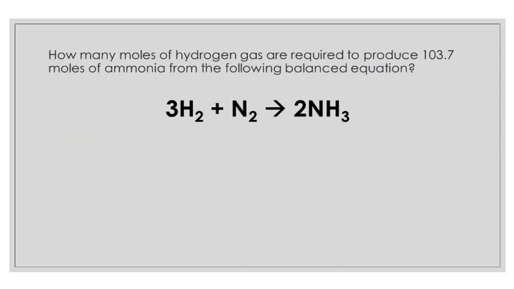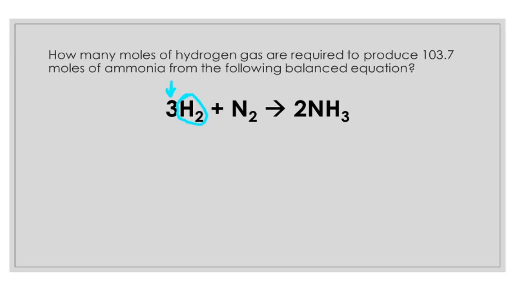So the next problem is how many moles of hydrogen gas are required to produce 103.7 moles of ammonia from the following balanced equation. So let's look at this balanced equation for a minute. We have 3 moles of hydrogen gas. Hydrogen gas is H2, and hydrogen gas always comes in the form of H2, just so you know.